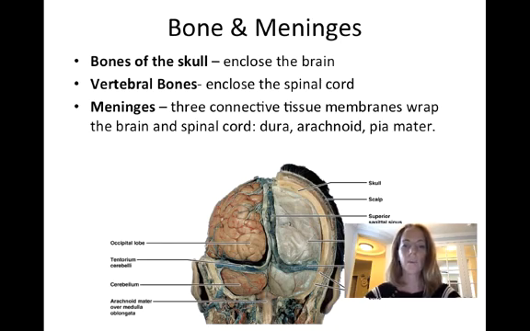So this thick white layer is the dura mater, which is the outermost layer of the brain. In between the dura and the innermost layer is the arachnoid layer, which you can't really see much here, but we will zoom in just a moment. The arachnoid layer then leads to the pia mater, which is right on top of the brain tissue.